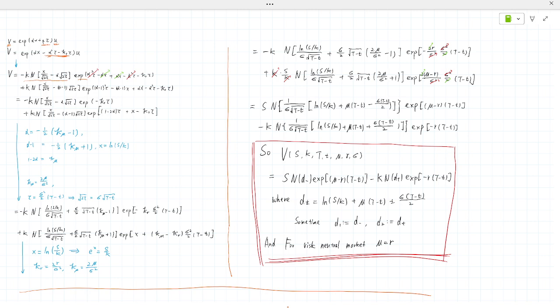You see a lot of cancellation. Left is kappa r. Same thing for the later ones.